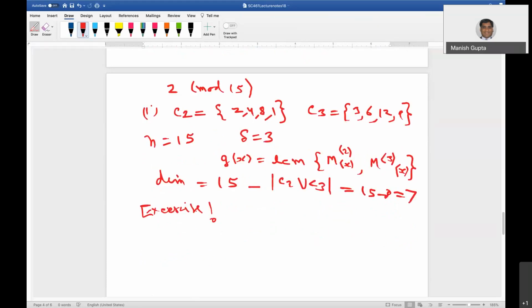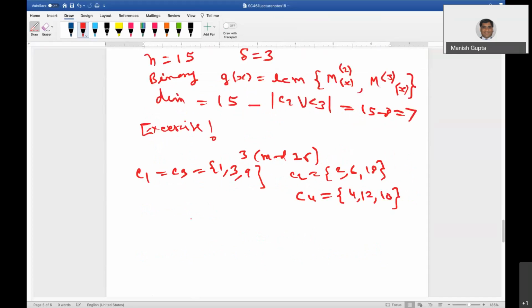So if we take 3 mod 26, we know that the cyclotomic cosets will be C1 equal to C3 equal to 1, 3, 9. This was the binary case actually, I should tell you. And C2 is equal to, so a ternary BCH code will have length equal to 26. Design distance delta is equal to 5.